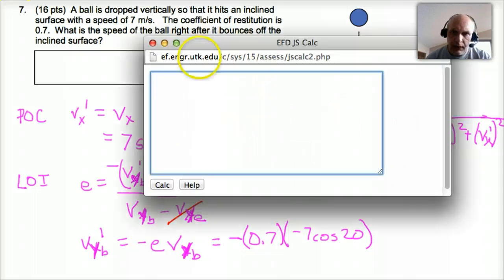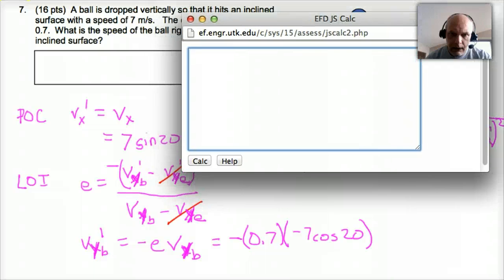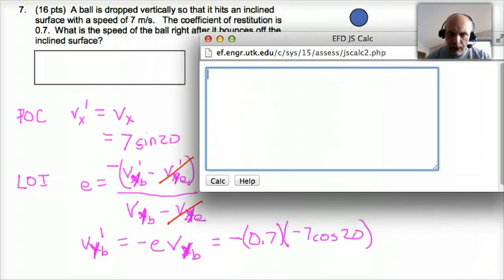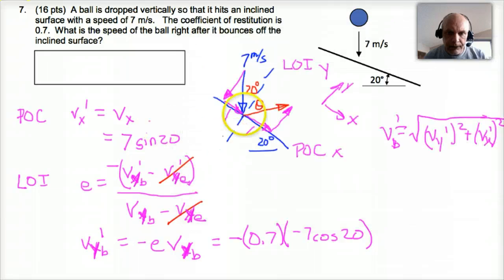Okay, so here's my calculator. I'm going to calculate this number first. I'll call x equals 7 sine 20. I have to put my multiplication sign in there. It gives me a value of 2.39. So I'll go ahead and note that here.